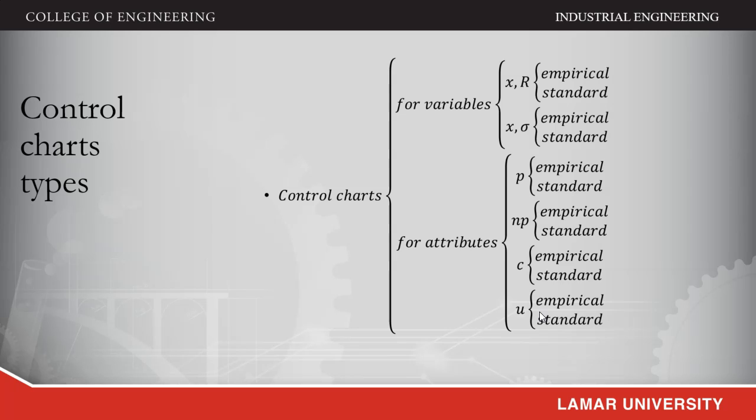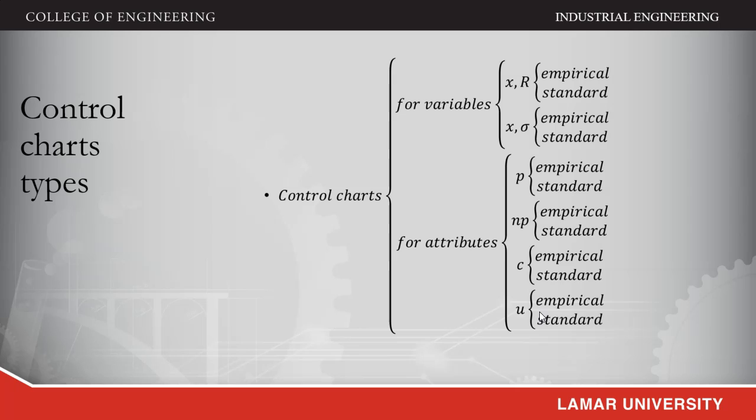The next one is the C chart. The C chart counts the number of defects that happen per a certain number of events. It could be, for instance, the number of defects in 5 items. And similarly, we have the number of defects per item if we use just U. So we can use any one of these charts.